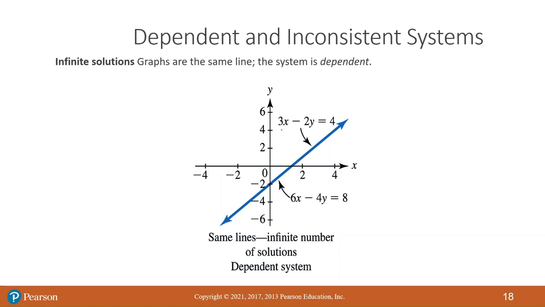So if our first equation is 3x minus 2y equals 4, our second equation is 6x minus 4y equals 8. If I multiplied the first equation by 2, it's the exact same thing: 3x times 2 is 6x, negative 2y times 2 is negative 4y, 4 times 2 is 8. They're the same exact line, which means they have an infinite number of solutions in common.